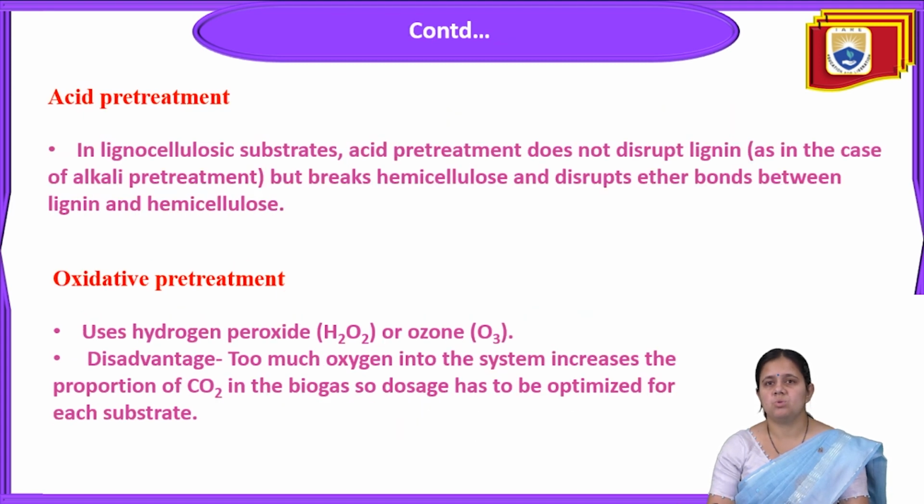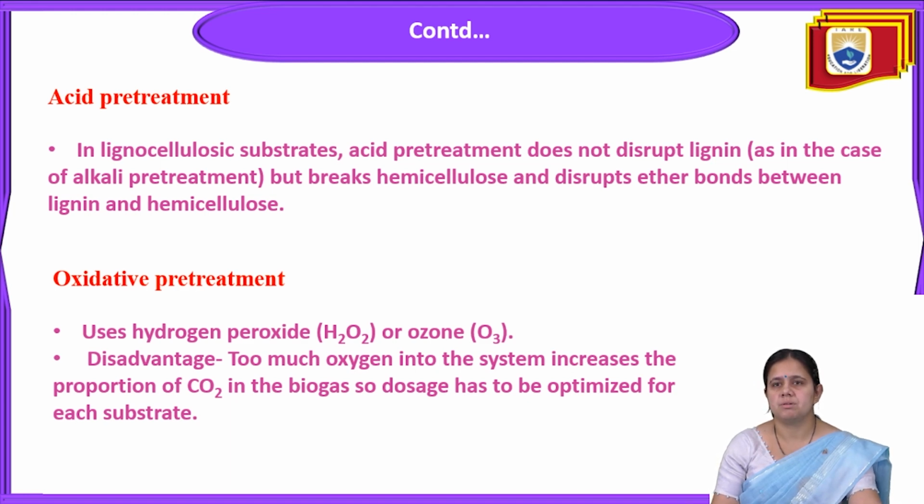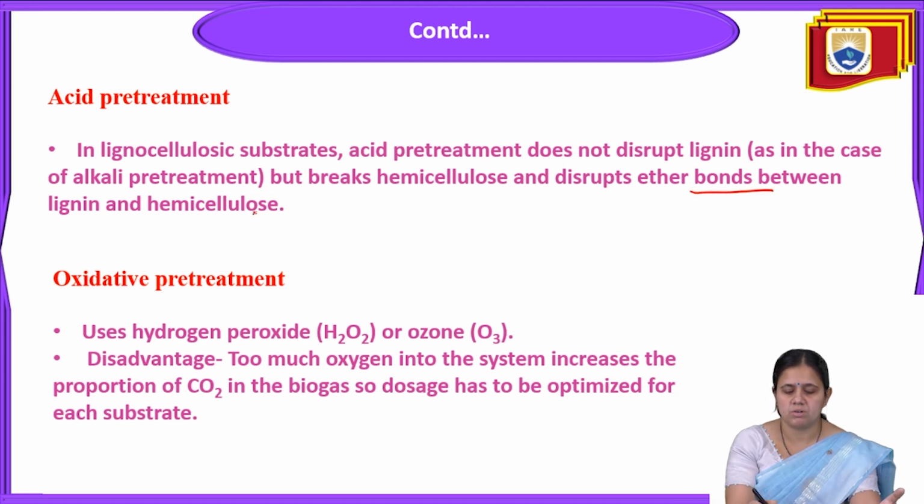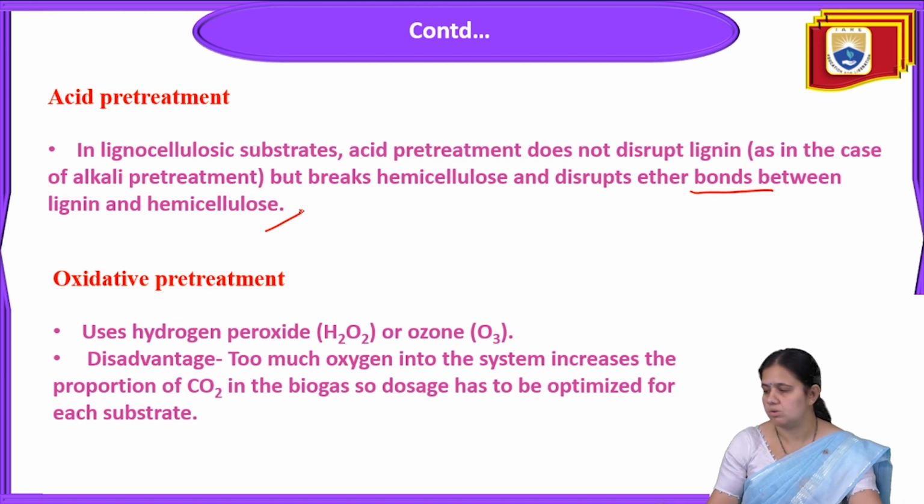Next, we'll discuss acid pretreatment. Acid pretreatment does not disrupt lignin as in the case of alkali pretreatment, but it breaks down hemicellulose and disrupts ether bonds between lignin and hemicellulose.